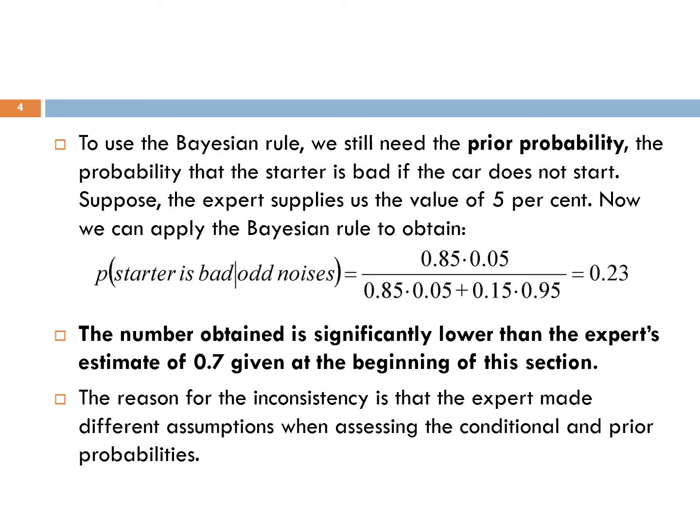The reason for the inconsistency is that the expert made different assumptions when assessing the conditional and prior probabilities. So this is the drawback of the Bayesian method.